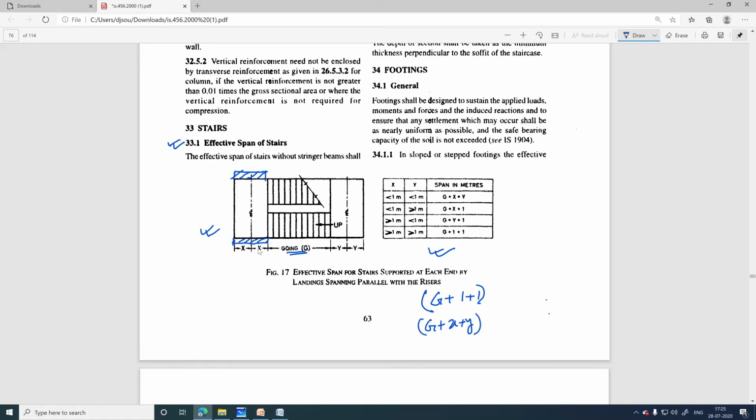Here x is the half of the total length of the landing and y is the half of the length of the landing on the opposite side. If you consider this as 1 and this as 2, we need to consider the minimum value of the two. You can see this table, the chart also. Here it is also given the same thing.